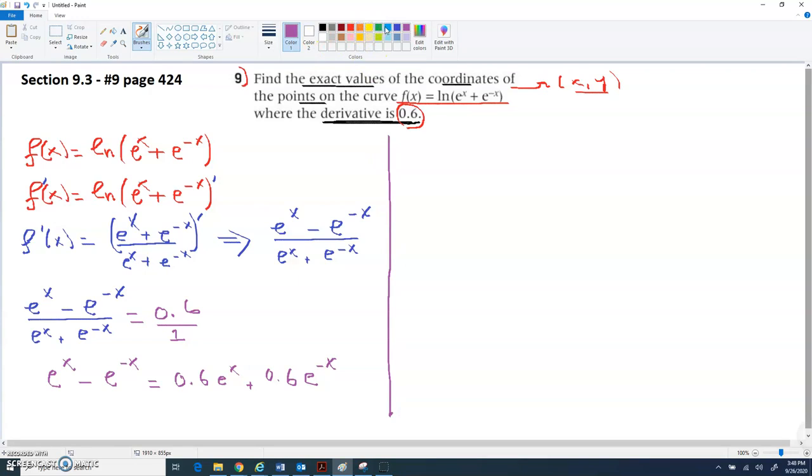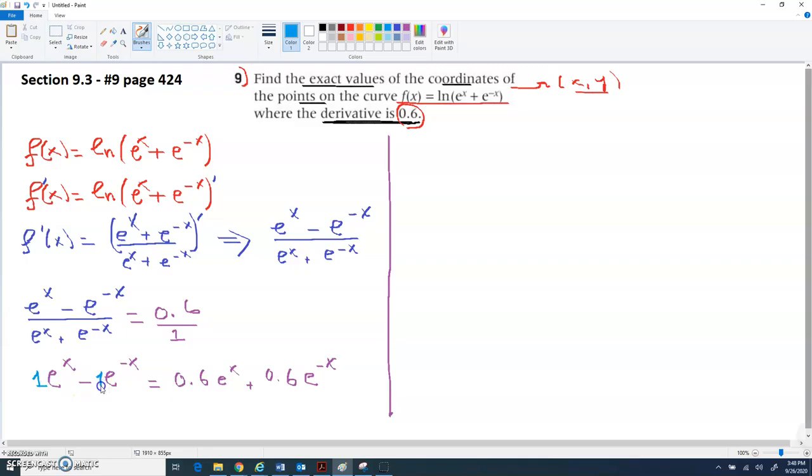Let's continue over here to the right side. I'm going to see if I can isolate the variable. I'll bring everything to one side, set the equation equal to 0, and see what I can do. If I bring the 0.6 e to the x over to the left, it becomes negative.